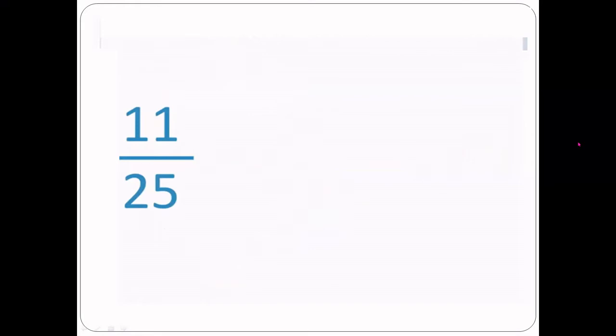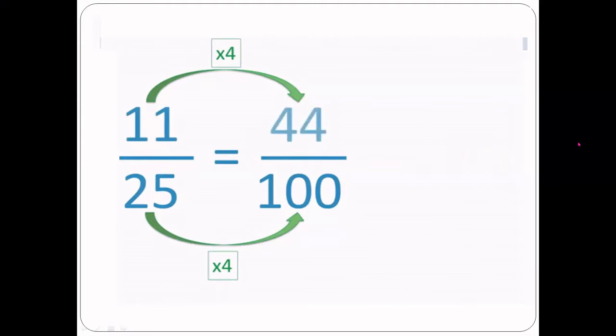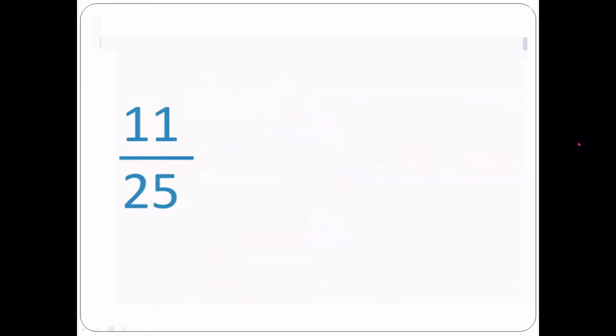When we multiply 25 by 4, we can convert into denominator 100. So we multiply both numerator and the denominator by 4. Then we can get an equivalent fraction with denominator 100. So 11 over 25 is equal to 44 over 100.